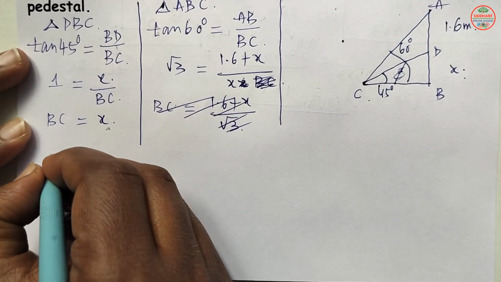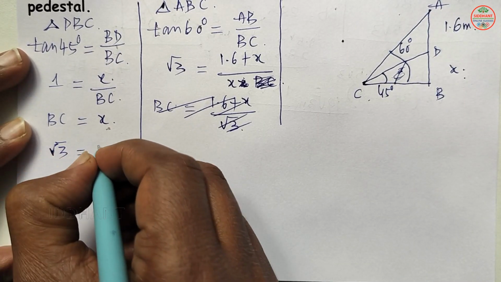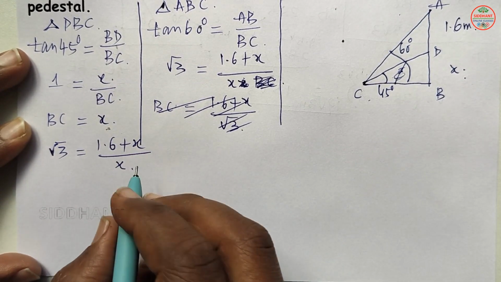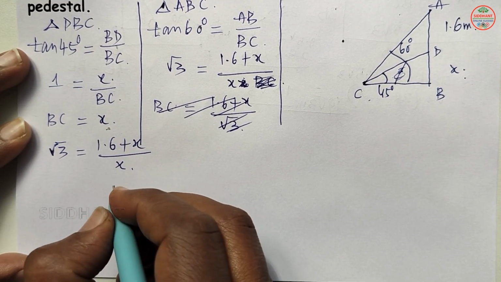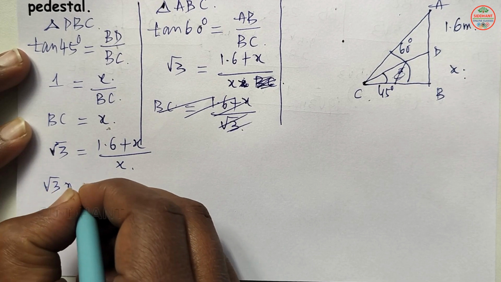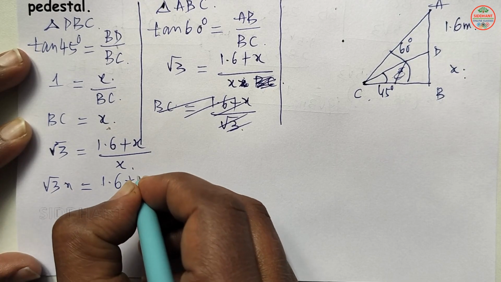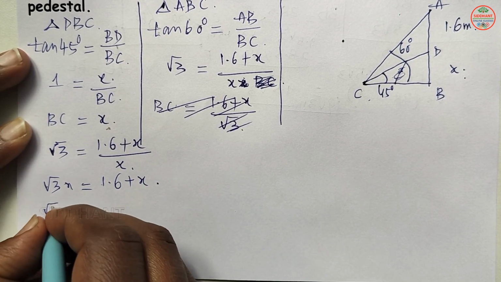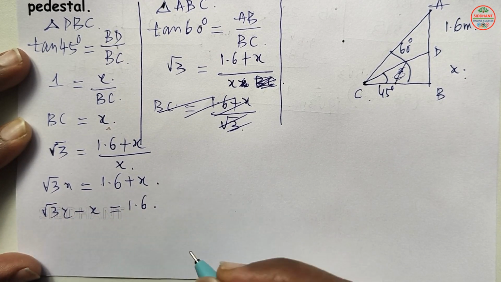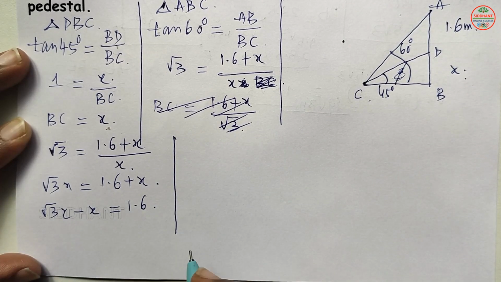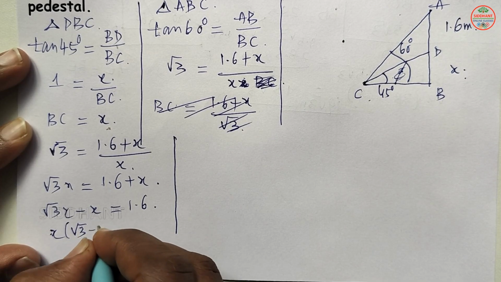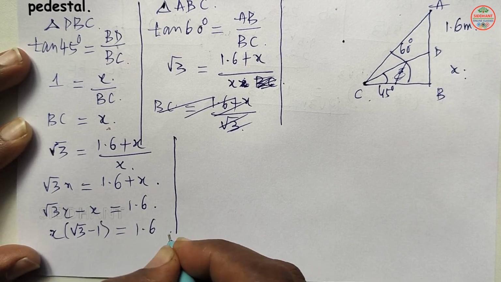So here root 3 equals 1.6 plus x by x. So root 3x equals 1.6 plus x, and root 3x minus x equals 1.6. Taking x common, we get x times root 3 minus 1 equals 1.6.